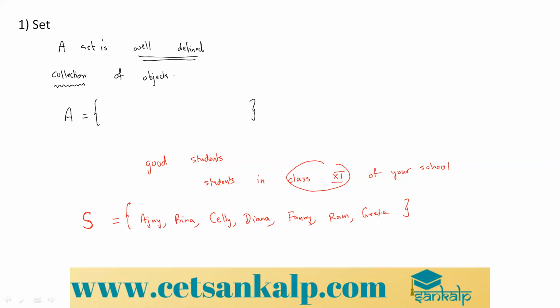And remember, you have to write within flower brackets. You have to use flower brackets to represent a set. And now I can say this is a set because it is well defined collection of objects. Like that, there are many more examples for sets, which we will study one by one.